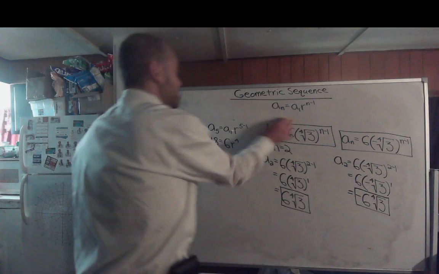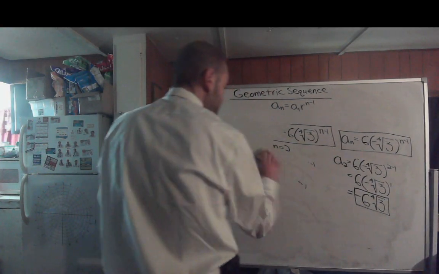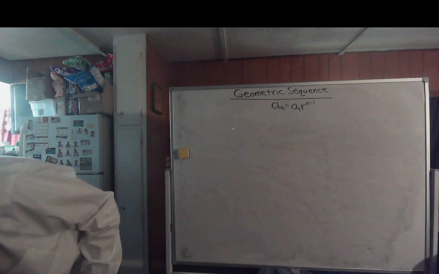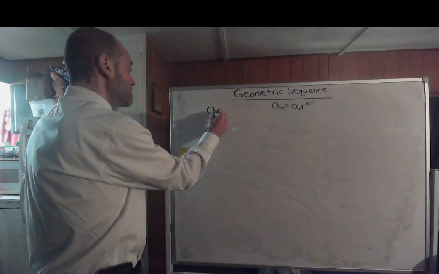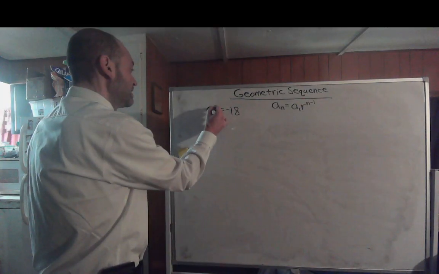Alright, let's change it now. Let's say we're not even given the first term. We're going to be given some other terms. What if we are given the second term? So a sub 2 equals negative 18.